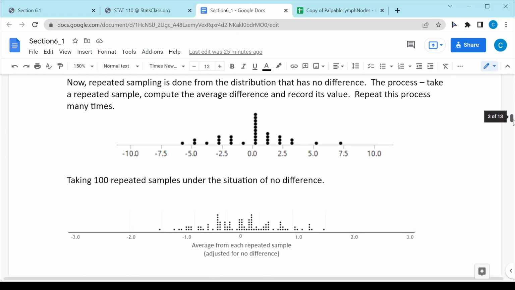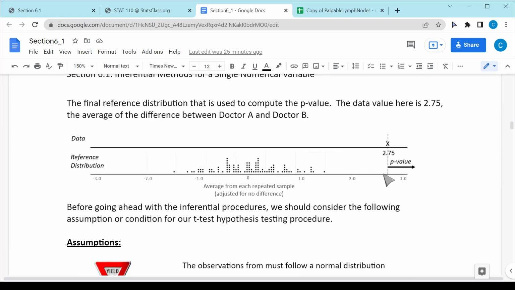To calculate the p-value, we compute how extreme 2.75 is against this picture of no difference. The p-value measures the percent of dots, or percent of the distribution, that's going to be above 2.75. And if I'm doing a two-tailed test, I will need to worry about the lower end as well. If I'm only doing a one-sided right test, I would only count the dots up here. If I was doing two-sided, I would do both sides.